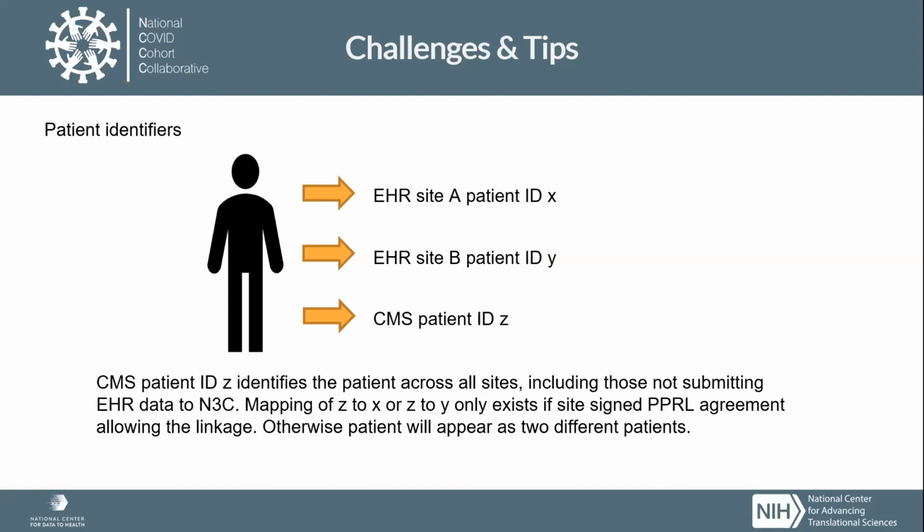I have to admit I don't totally understand it, and there are people on this call who understand it a lot better than me, and maybe they'll talk about it later. But something to be careful of, and I think you're already dealing with this to some extent, is that patient X and patient Y are the same patient in two different EHRs, but you may not know that. And now it gets even more complicated with CMS data.